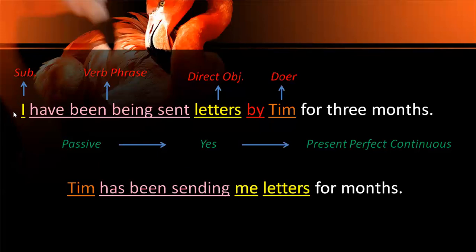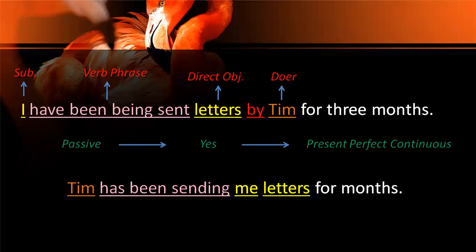If you notice, the I here, which is a subject in the passive sentence, becomes an object pronoun. So we should use me, not I anymore. Okay, Tim has been sending me what? Tim has been sending me letters. This is the direct object. We have it here as it is. And for months, this is the duration.